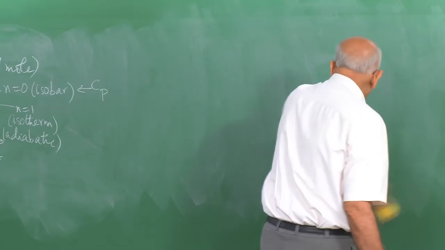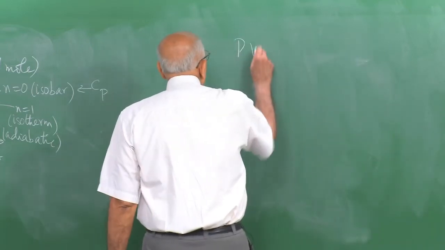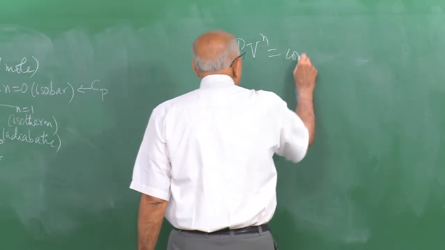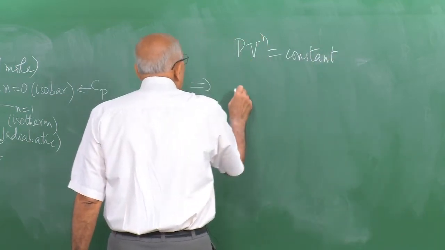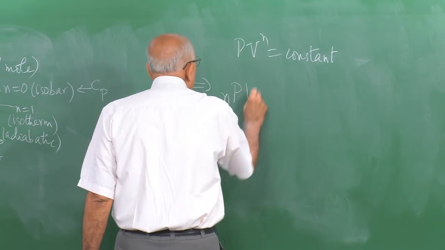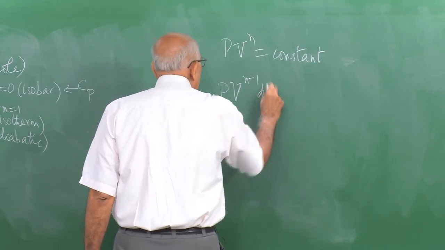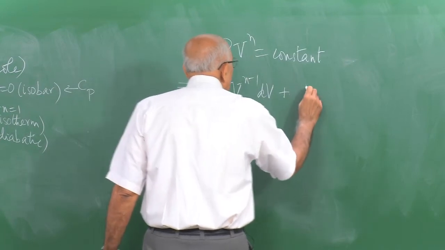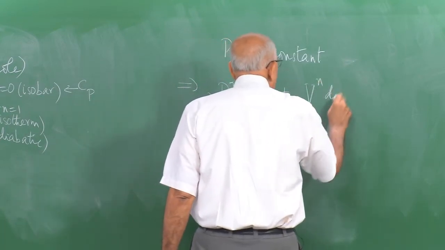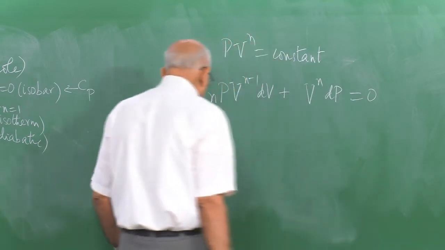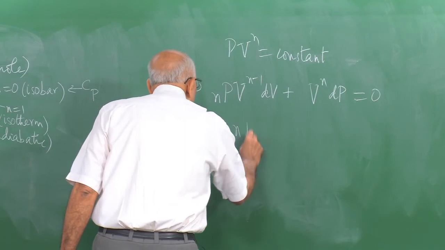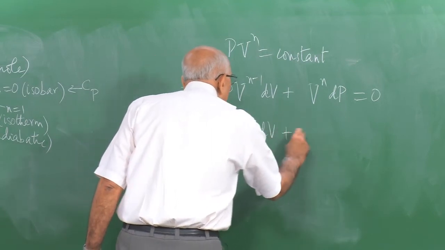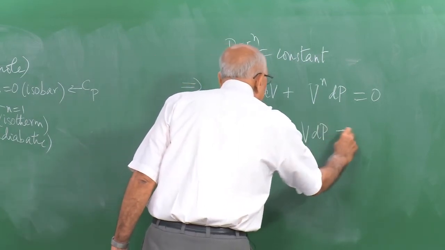Well, let us look at it, see if you can work this out. So we have Pv to the n equal to constant. That implies that n P v to the n minus 1 dV plus v to the power n dP equal to 0, or if you cancel out v to the n minus 1, it says nP dV plus v dP equal to 0.